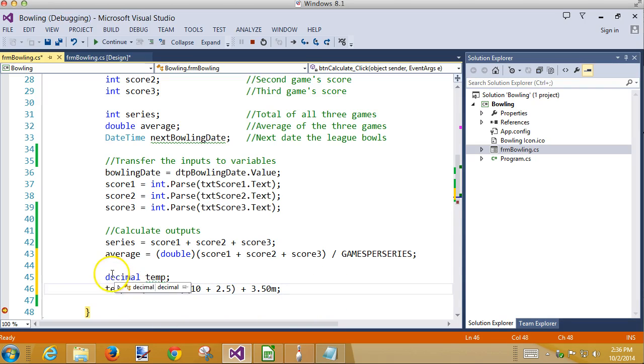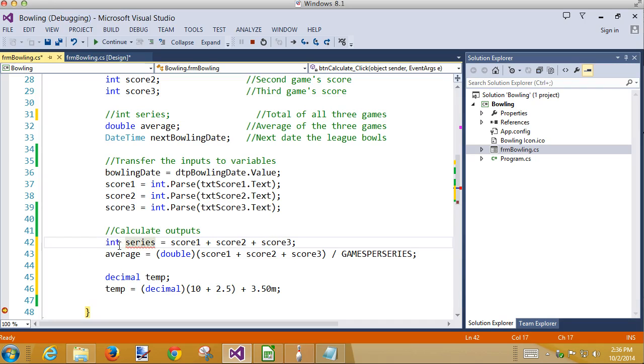And this also demonstrates that, notice, I can declare a variable well after the others. Don't recommend it. I like to declare all my variables together. But I've seen some people do this. It's happy. Make a variable and immediately add these up and stick the answer into series.